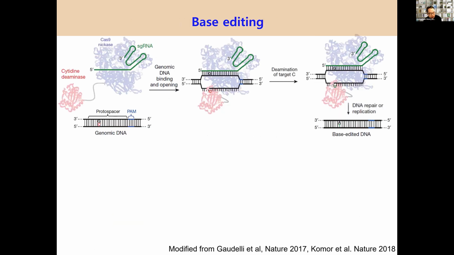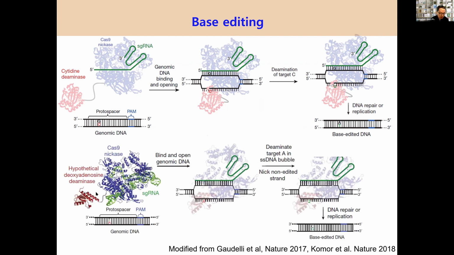But how can we achieve deamination in a targeted manner? We can combine this deaminase with Cas9 linked with linkers. Then Cas9 recognizes the target sequence, and this C is converted to T by deaminase.